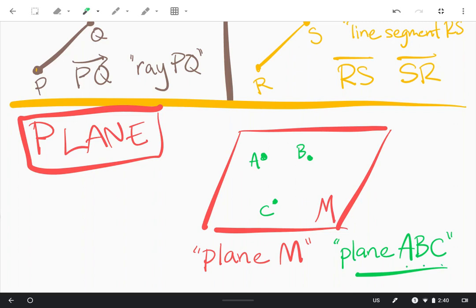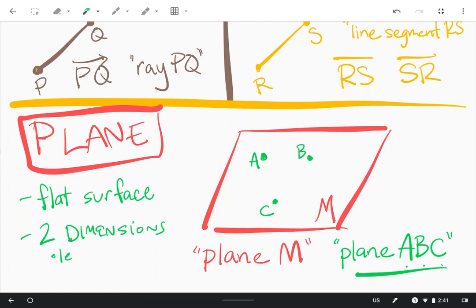The thing you need to know about planes, just some conceptual things, is that a plane is a flat surface, and it has two dimensions. Those dimensions are length and width.